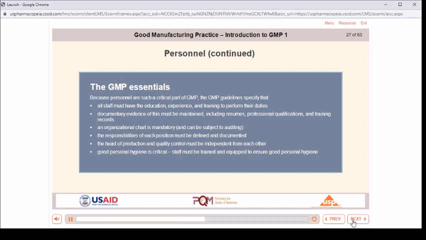An organizational chart is mandatory and can be subject to auditing. The responsibilities of each position must be defined and documented. The head of production and quality control must be independent from each other. Good personal hygiene is critical. Staff must be trained and equipped to ensure good personal hygiene.